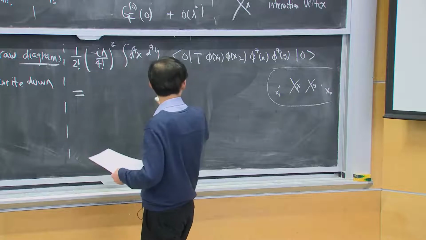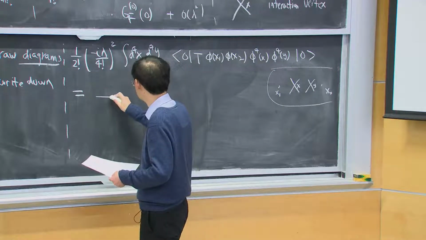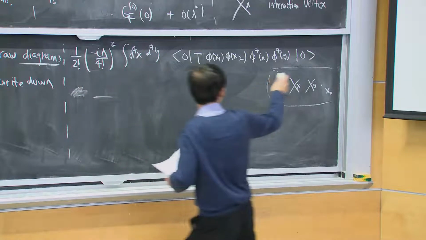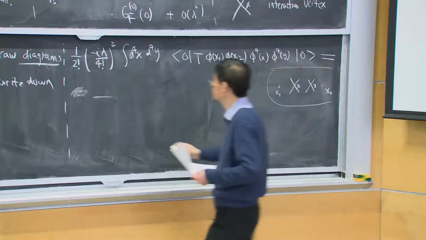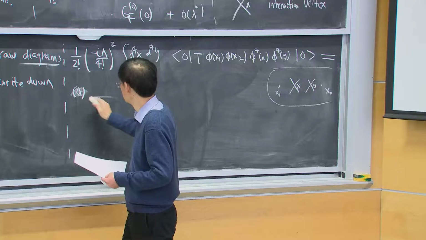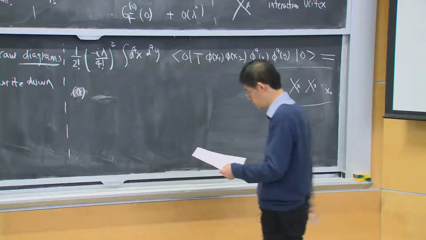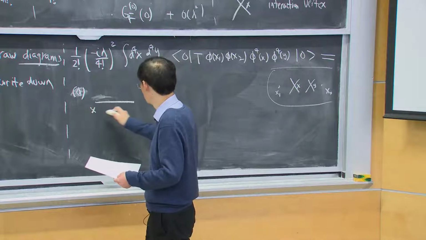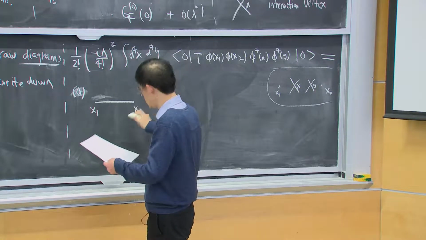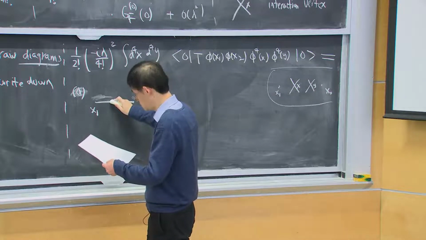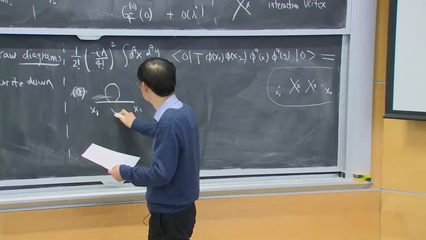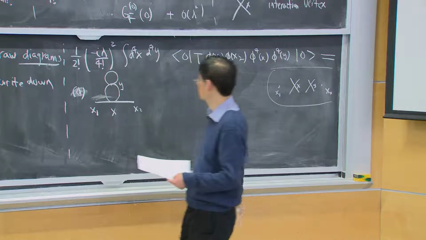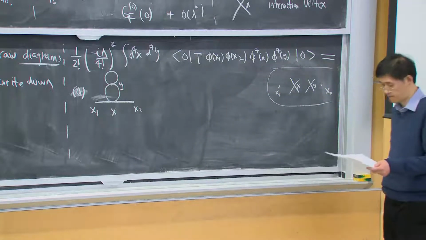So you take one of the x's, and there are 5 of them. Let me write an equal sign here, and give each one a label for later use. So here you can have x1 and x2, then they connect to x, and then x can connect to y. This is one of them.